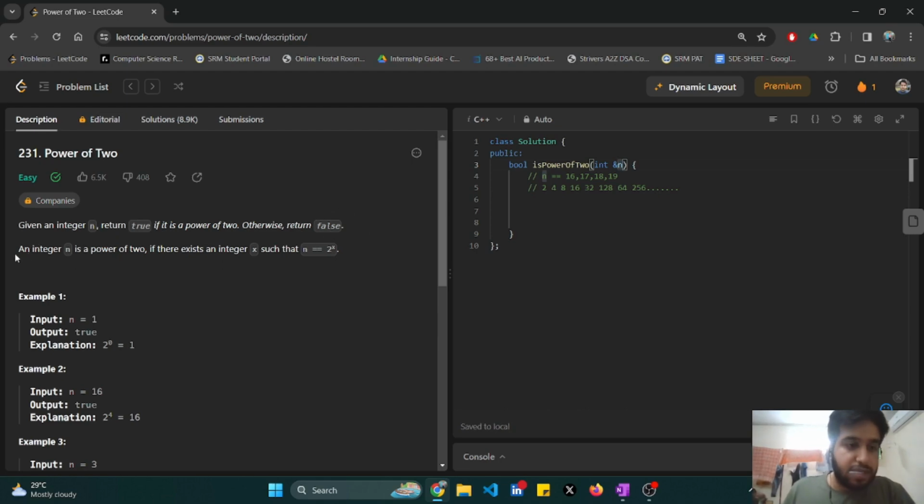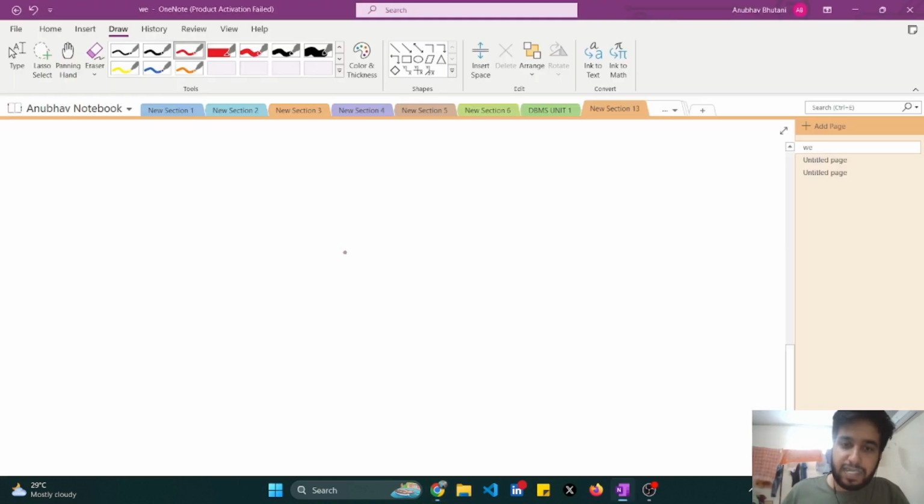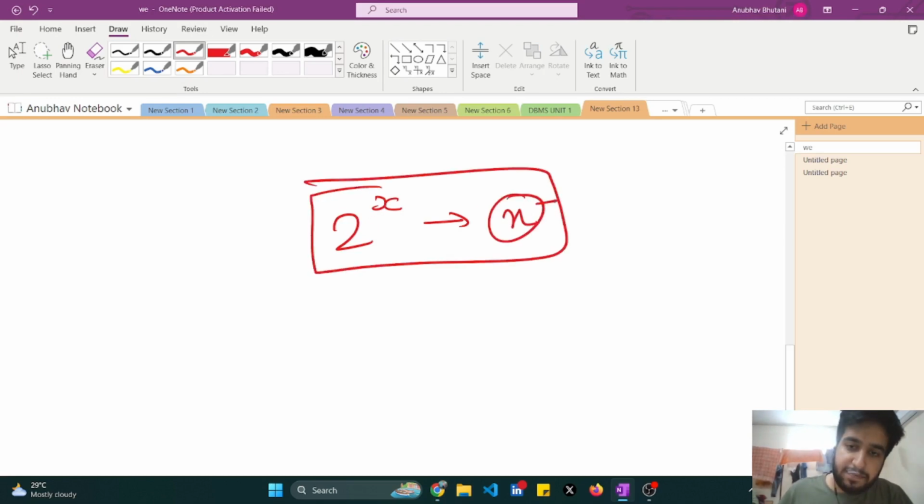An integer n is a power of 2 if there exists an integer x such that n is equal to 2 raised to power x. So if anything is 2 raised to power x, that becomes the n that we are given.